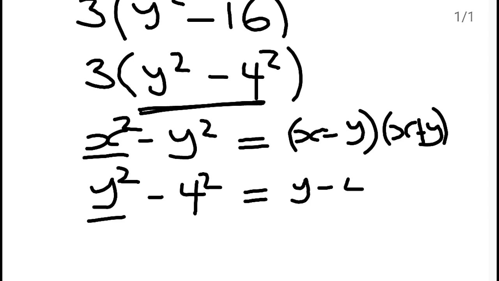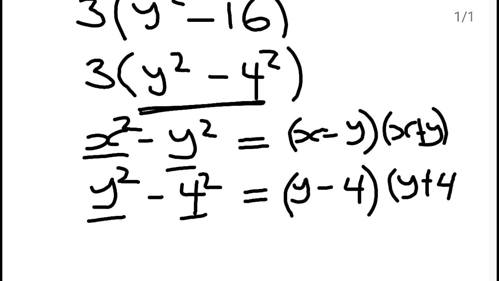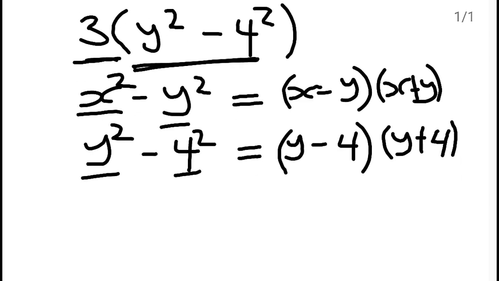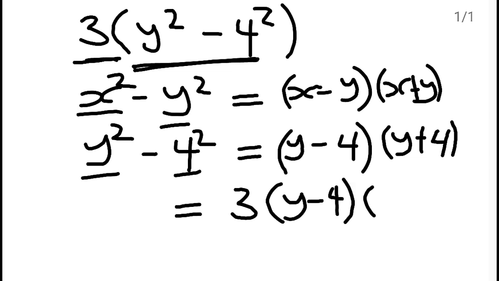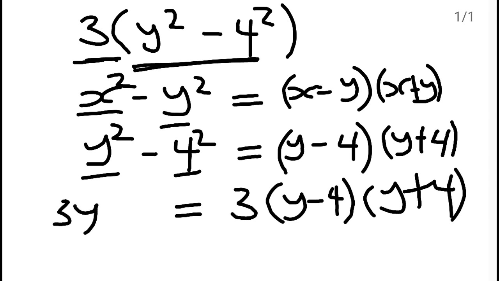So we shall say y minus 4, because where there is y here we have 4, and y plus 4. But don't forget this 3 that we left behind. So when we put it, we shall have 3 multiplied by y minus 4, then y plus 4. This was 3y squared minus 48.